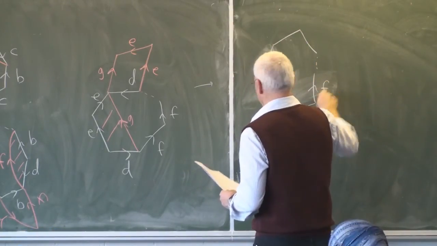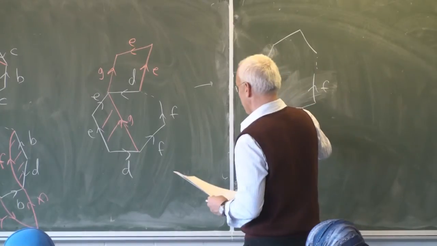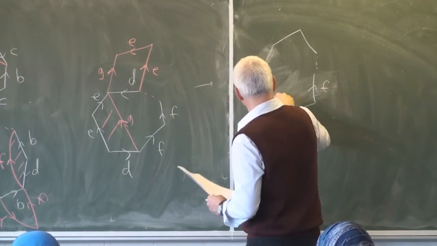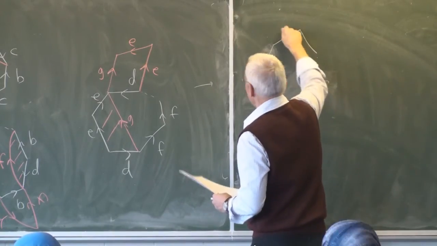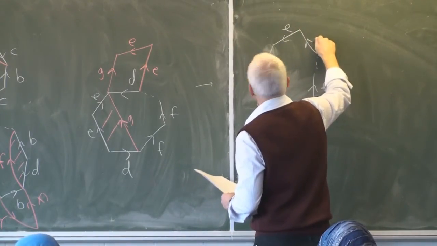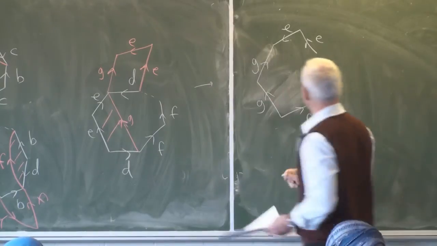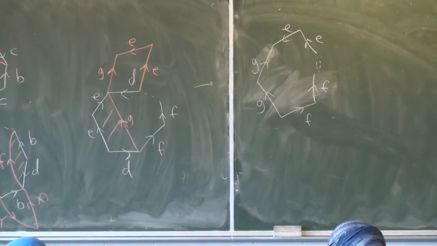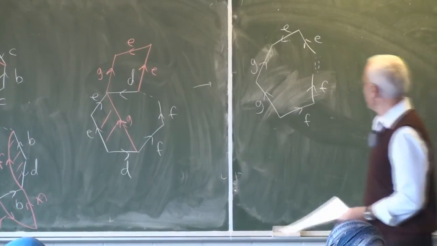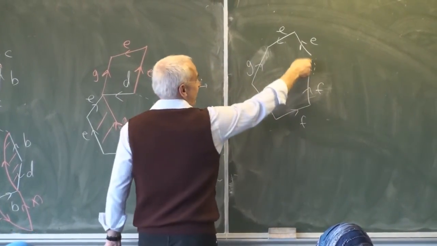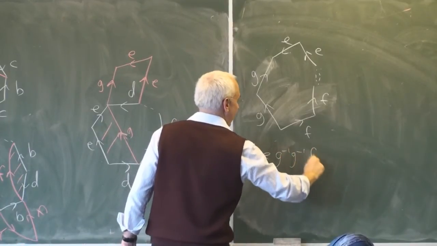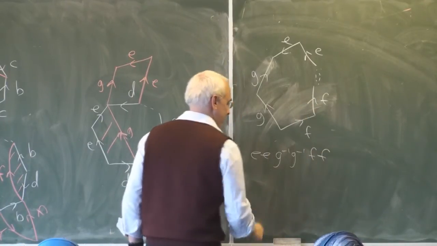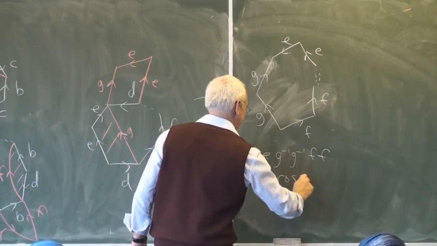So F, F, G, G, E, E, and other stuff. And lo and behold, that is 3 cross caps. If we read it, say, this way, we've got E, E, G inverse, F, F. 3 cross caps.